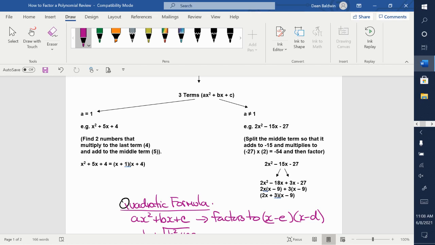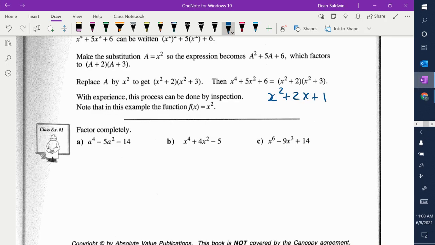The number in front of the x squared, or x to the 4 in this case, is 1. So when it's got a 1 there, how do we factor it? What does your sheet say to do? There's 3 terms though. They're on the bottom left. What am I looking for? 2 numbers that multiply to this one and add to the middle. What multiplies to -5 and adds to 4?